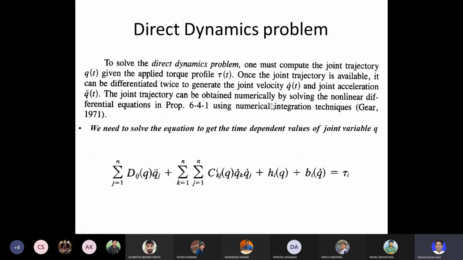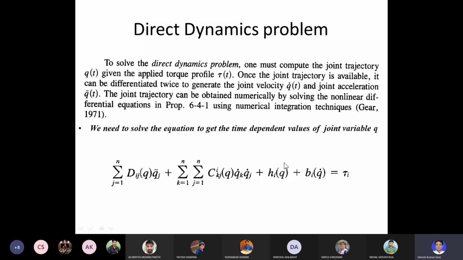Okay, so here when you find the tau in terms of the joint variables and solve this differential equation, you will identify qj, qk, which means all the joint variables q1, q2. Suppose theta 1, theta 2, theta 3, you will determine by the solution of this differential equation.